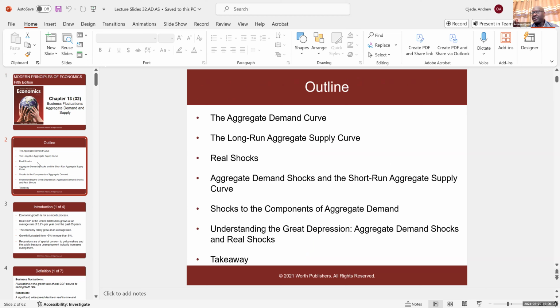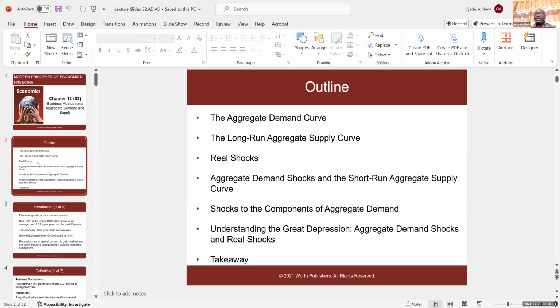But when we were talking about demand and supply in those earlier chapters, we were talking about it with respect to one particular good. Like say the demand for gasoline, the supply of gasoline, the demand for iPhones, the supply of iPhones. So when you're talking about the demand and supply for one particular good or just one industry, that is microeconomics.